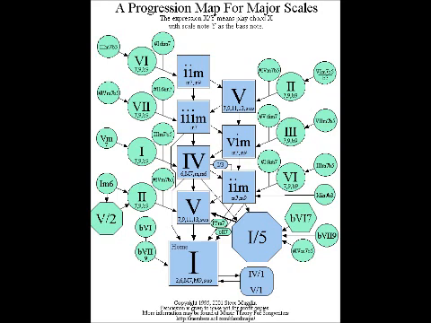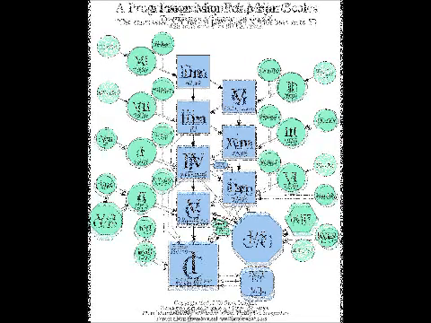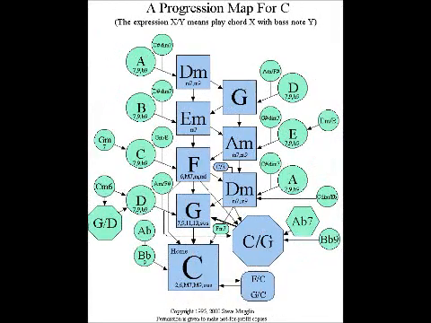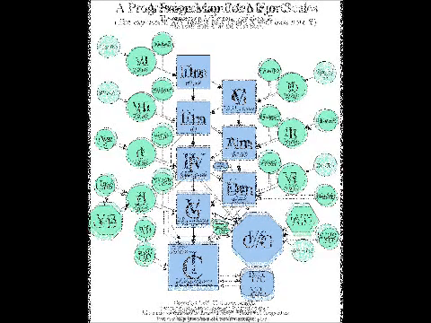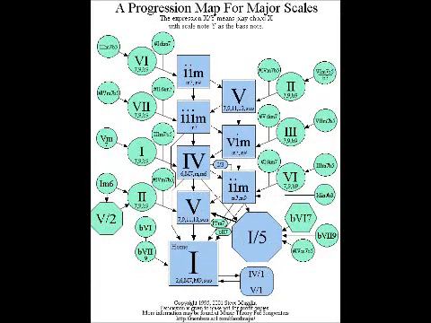I'm sorry, I'm playing an E. You see those switch. And then I can go to the right to the 6 minor. I'm going to go down to the 2, and then the 5, and then the 1.